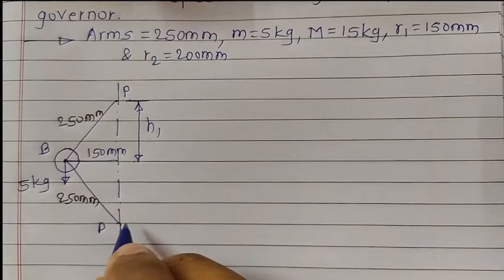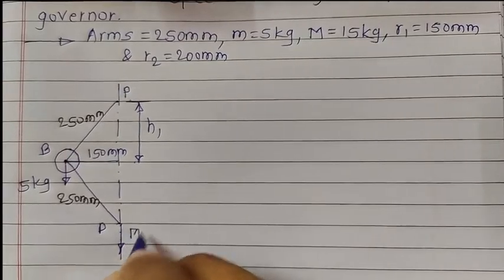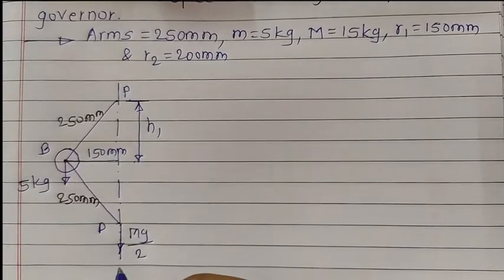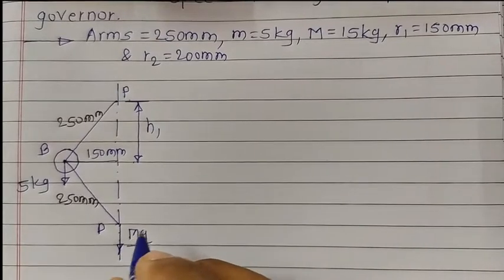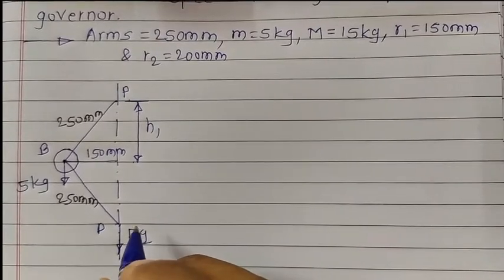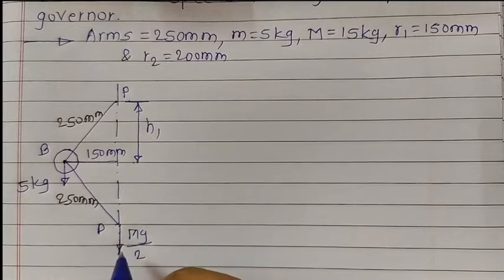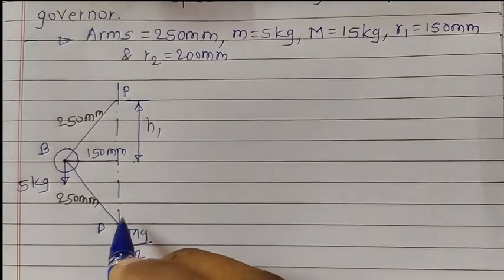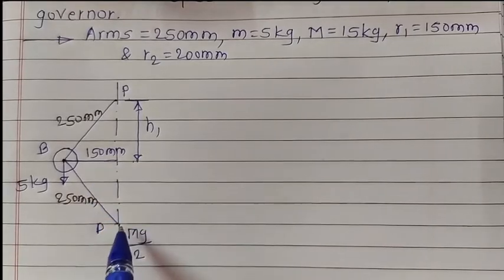For the central load, that load is divided into two parts, that is, you have to consider this as weight, mg by 2 will come towards this side and mg by 2 will come at the other side.